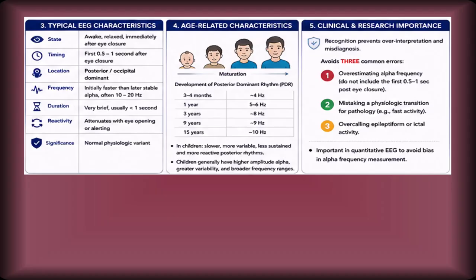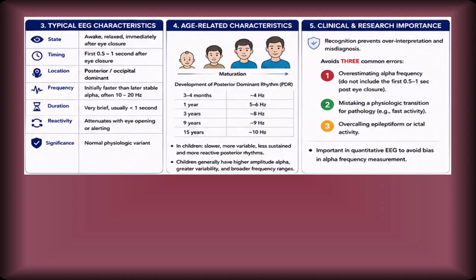Next, let us review the clinical and research importance. Recognition of alpha squeak helps prevent EEG overinterpretation and diagnostic error. Three important pitfalls are highlighted in the infographic. First, the interpreter may overestimate alpha frequency if the transient squeak is mistakenly included in the alpha measurement.